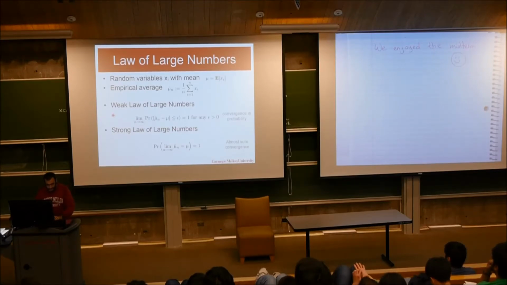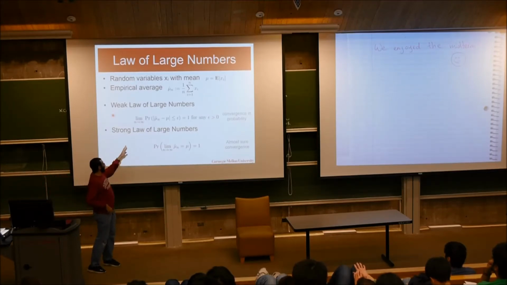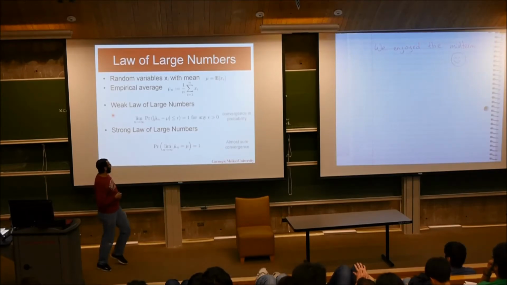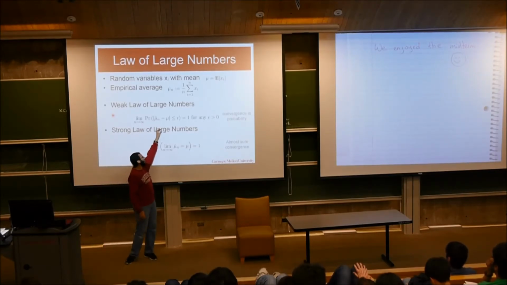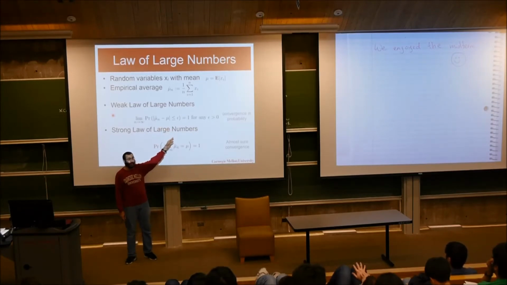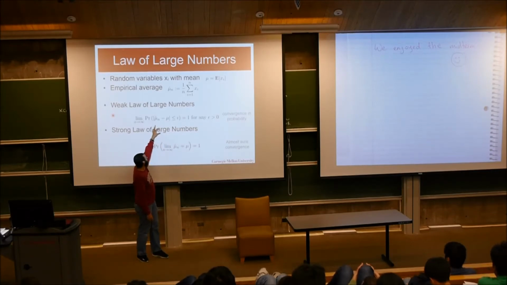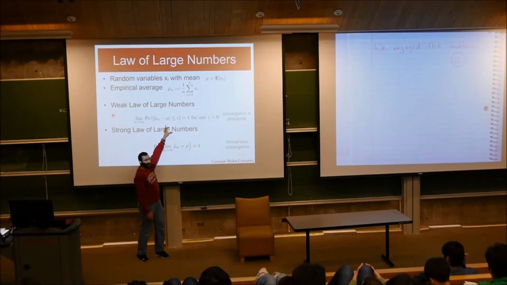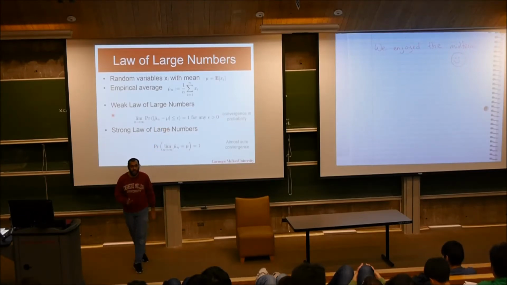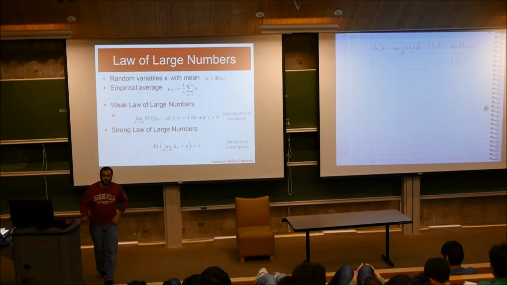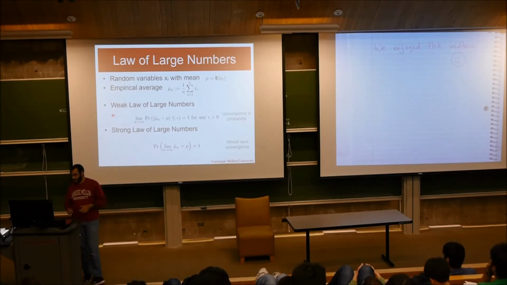The weak law of large numbers says as you get more and more data, so as n goes to infinity, the probability that you deviate from the true mean by no more than epsilon will go to 1 for any epsilon.